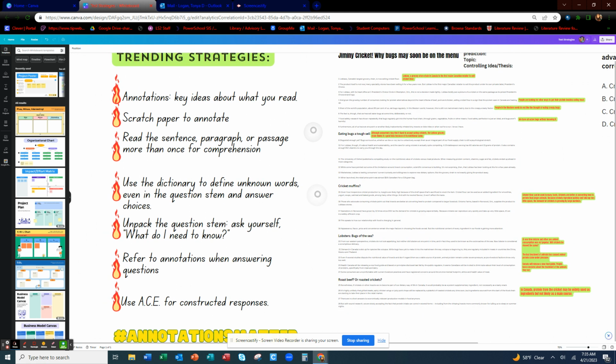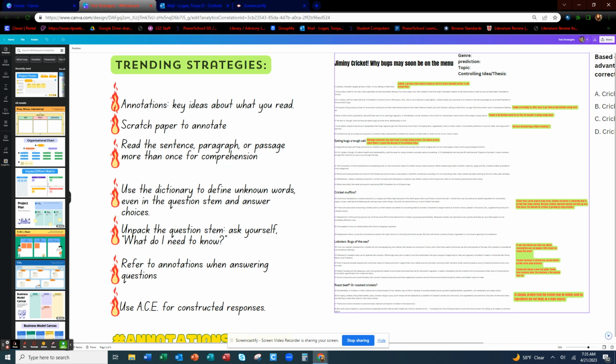The next thing I would like to say is to use your scratch paper to annotate. You know that STAR testing will take place online, so it is a digital test. You will be handed out scratch paper as part of the materials for your test taking.